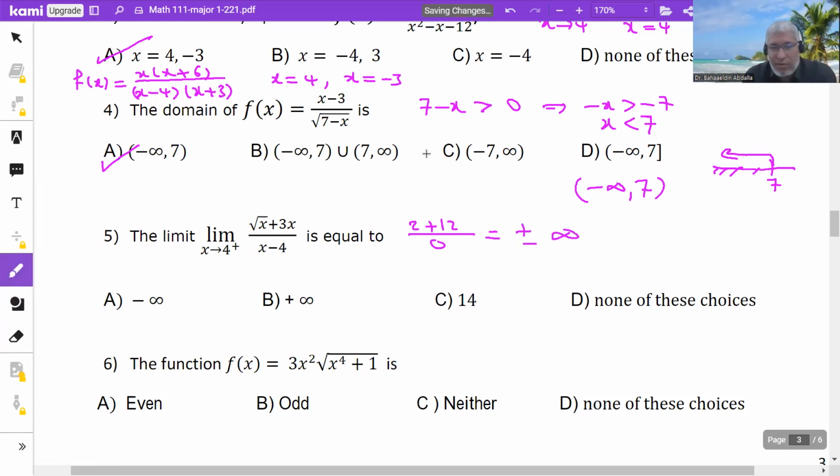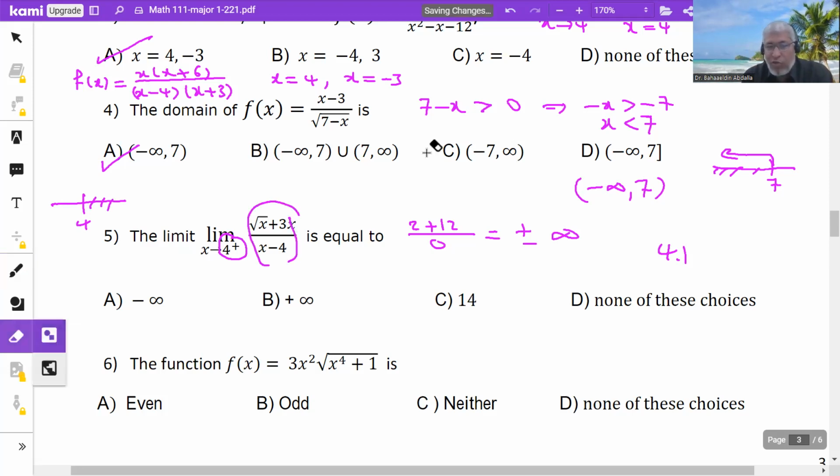How to find out which one of them? We are approaching x from the right, so we deal with numbers greater than 4. Choose a number greater than 4 that's close to 4. For example, 4.1 will work. Replace x in this quantity by 4.1 to check whether this quantity is positive or negative.